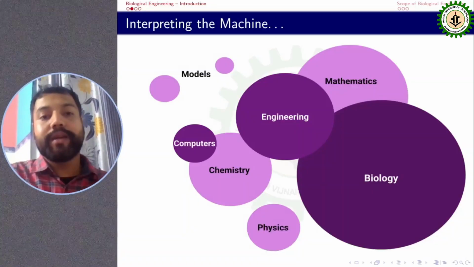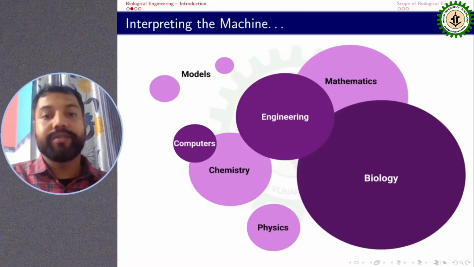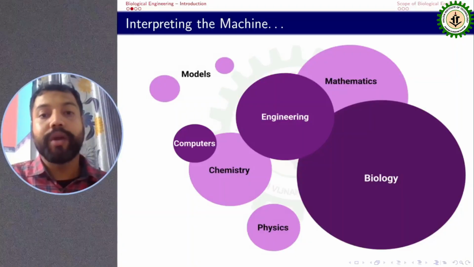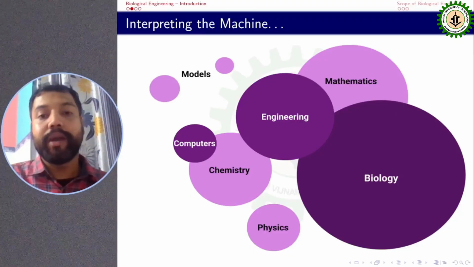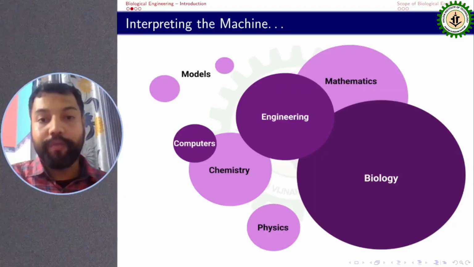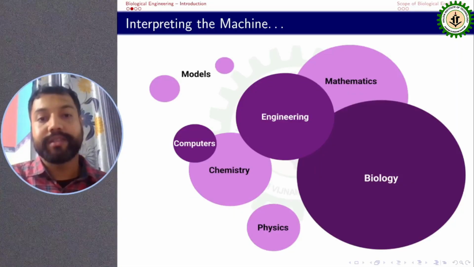When we want to understand biology, it is always important to understand its complex interactions. And biological systems are often quite complicated in their whole action.